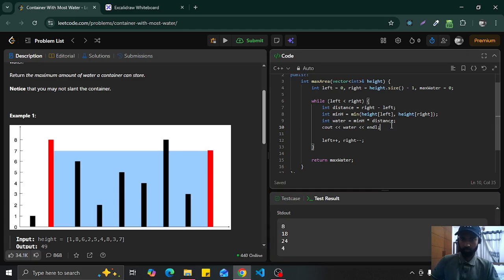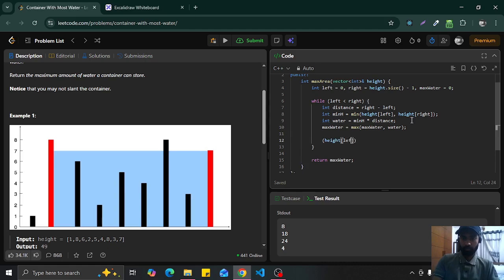Okay, so what was wrong? So max water is going to be max of max water and current water. Okay, and we are going to update the pointers based on the height.